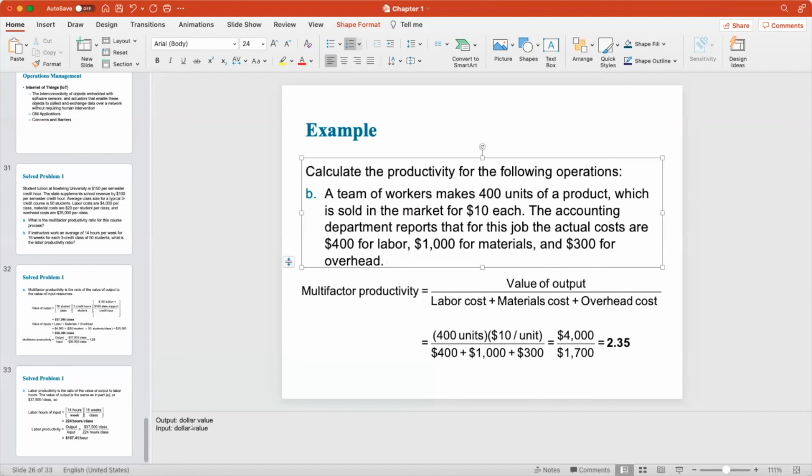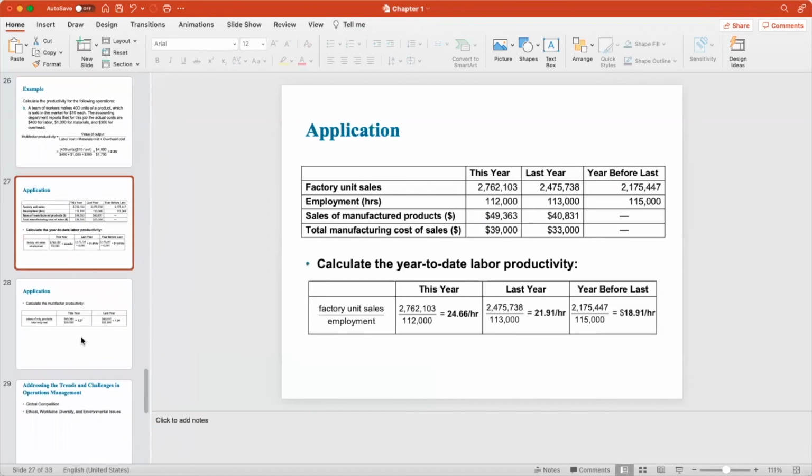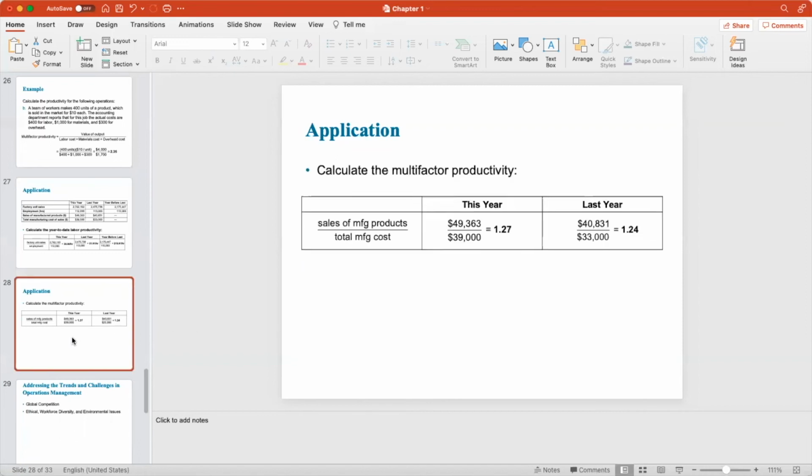Here, as I said, we use dollar value as the unit for both output and input. I will skip this other simple example because I really want you to practice it yourselves. I do expect every one of you to practice this simple example by looking at the following two slides.